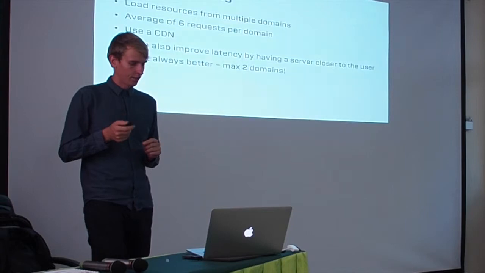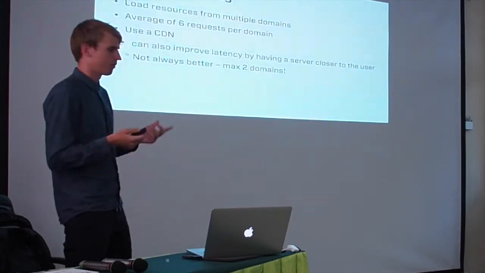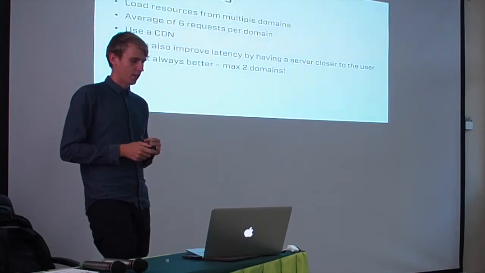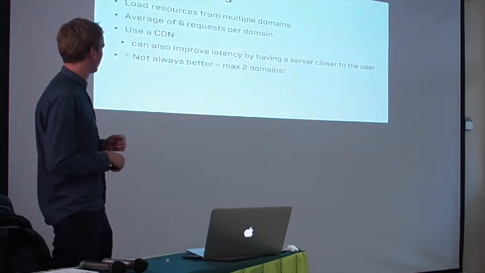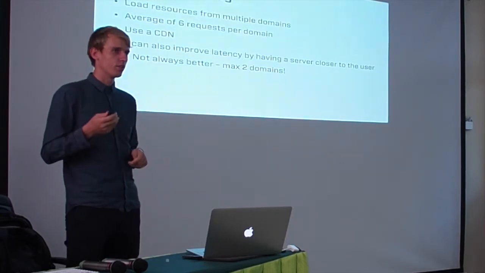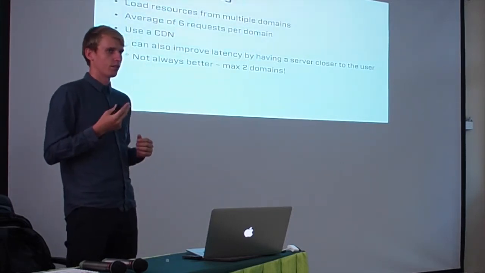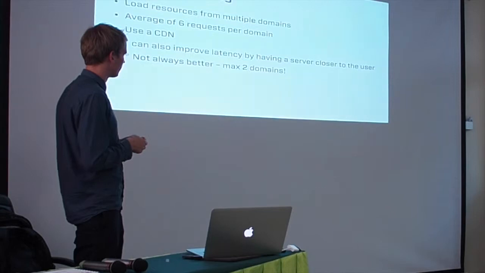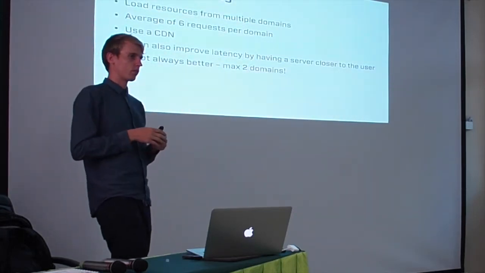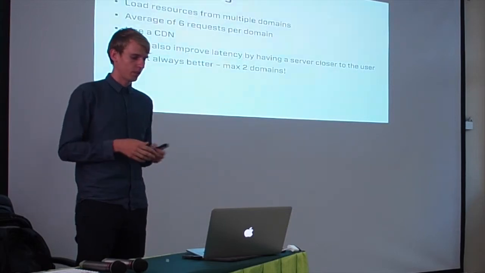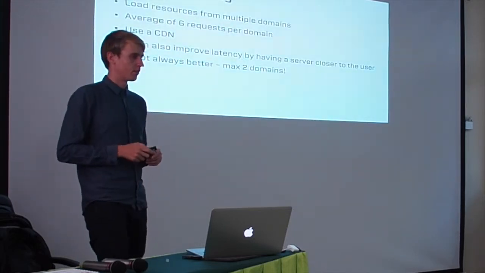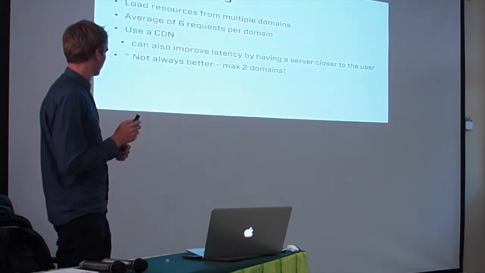It's usually referred to as using a CDN. But fairly new studies are showing that you should only use 2. You should never use more than 2, because for every new domain, there's also a delay for the lookup and the handshake for the HTTPS stuff.